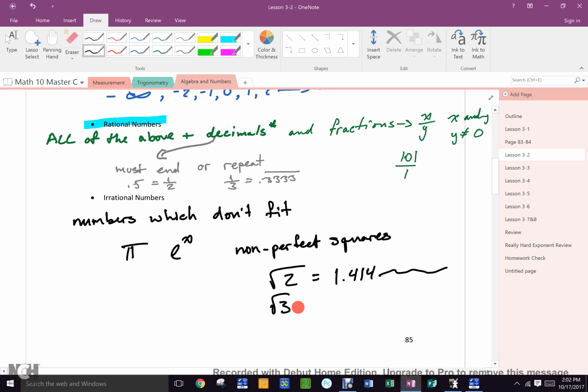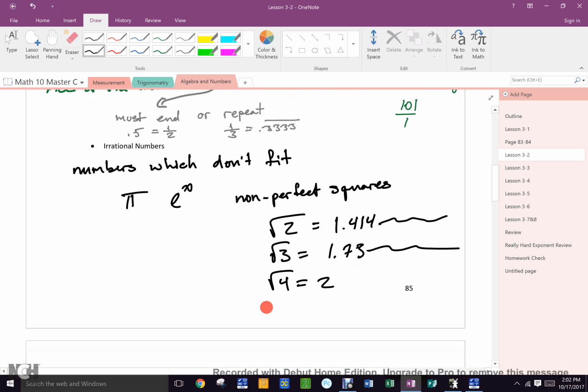Is the square root of 3 irrational? Yeah, 1.73 blah blah. Is the square root of 4 irrational? No, because what's the square root of 4? 2. Everybody got it? See if I can fool you with something. What is the square root of 1/4?